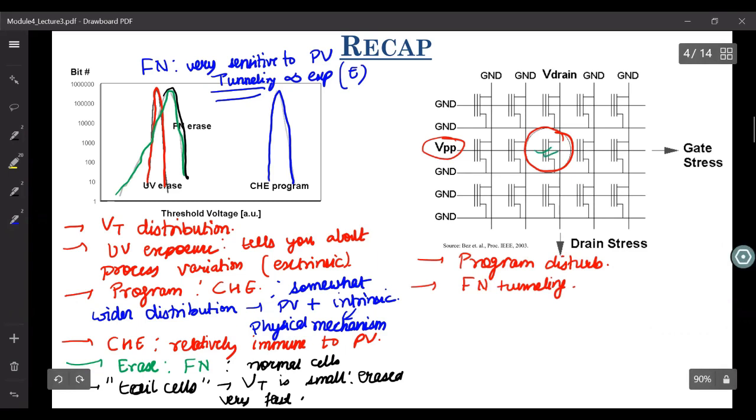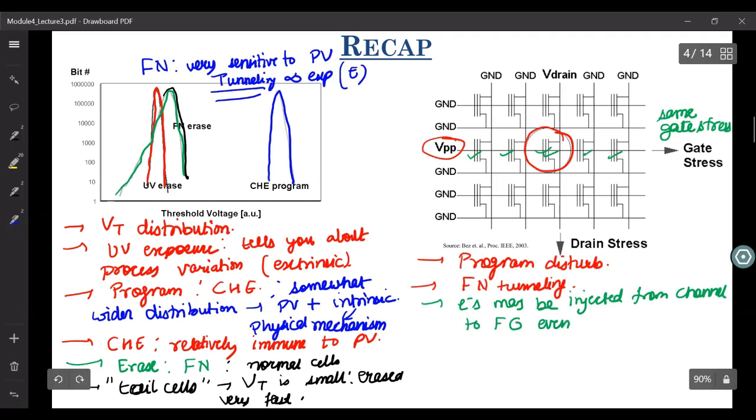We just wanted to program this cell, but they see the same control gate voltage, and as such, some electrons may be injected from channel to floating gate, even in these cells along this row.